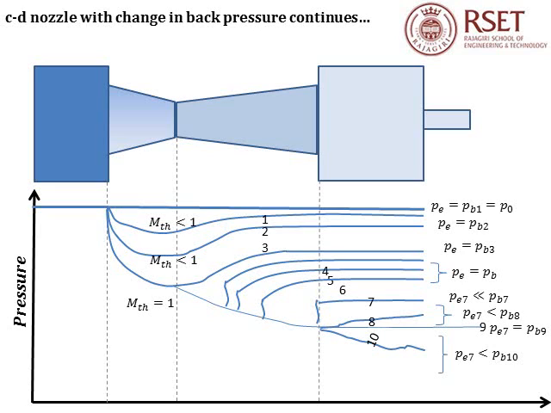Now, if we further reduce this back pressure value to a value say PB8, the fluid will again accelerate through the nozzle and take the same curve as that of the previous case, but since the pressure value has been reduced to a smaller value, the shock wave starts moving outside of the plane of the nozzle.